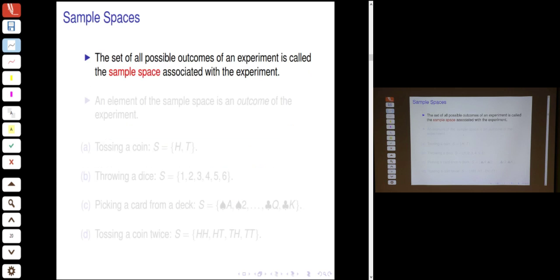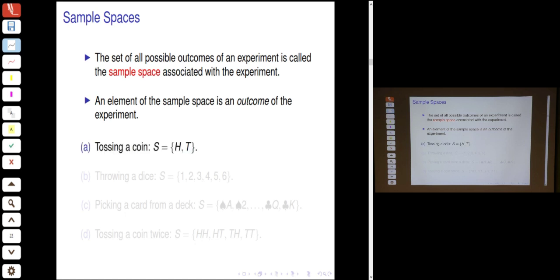Okay. Now, the set of all possible outcomes of an experiment is called the sample space associated with this experiment. Okay, so an element of the sample space is an outcome of the experiment.